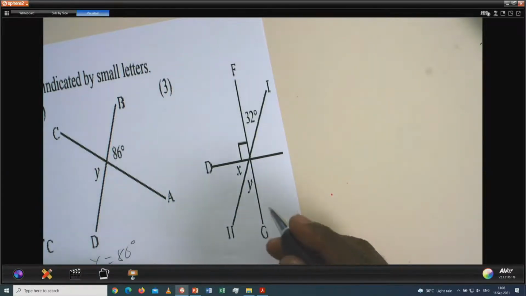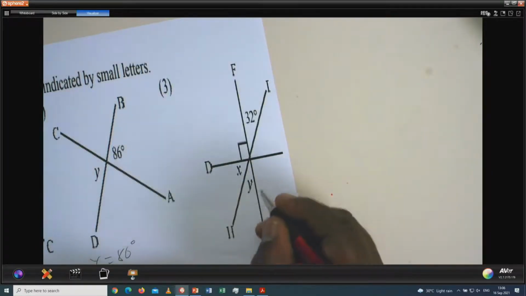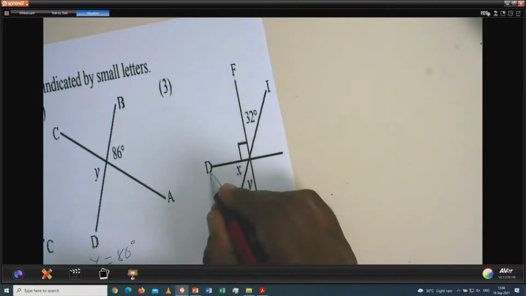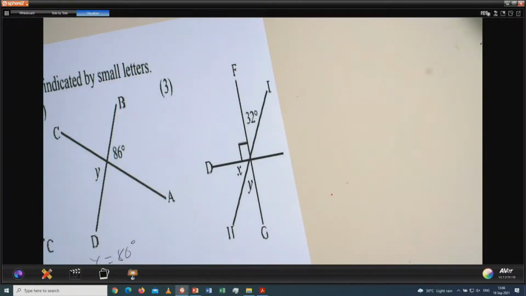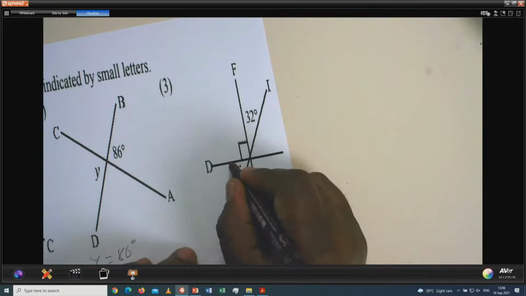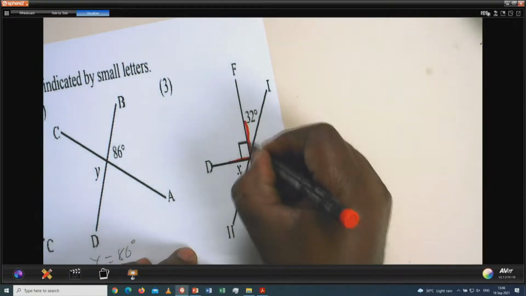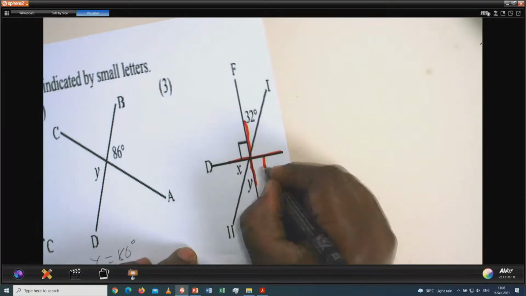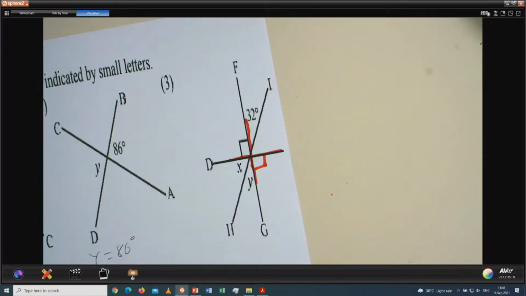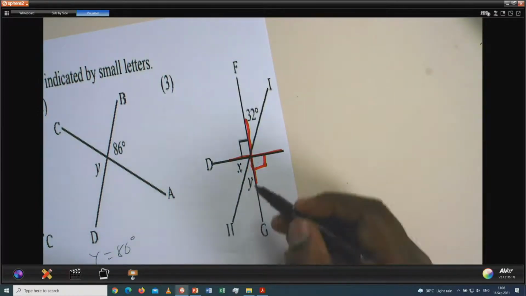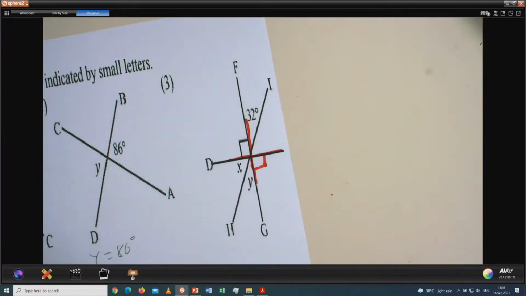Right? Vertically opposite. Again, like I said, use your crayons and see which one is vertically opposite to this one. So this is 90 degrees. Then, which one is vertically opposite to which one?